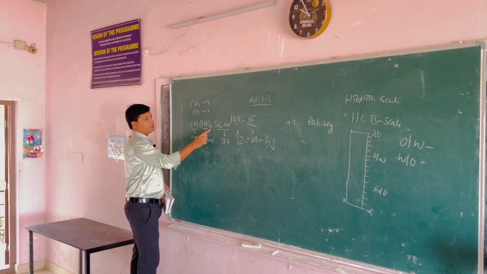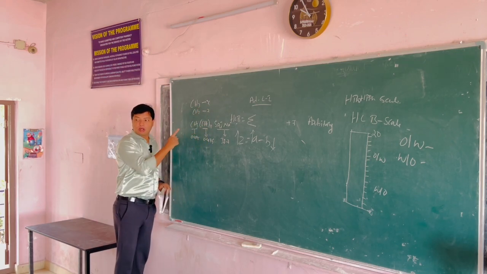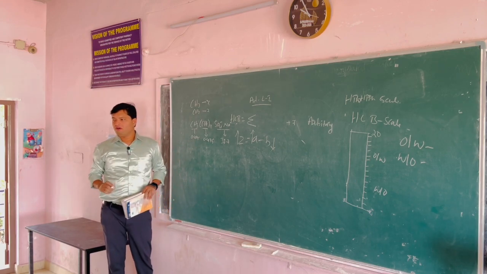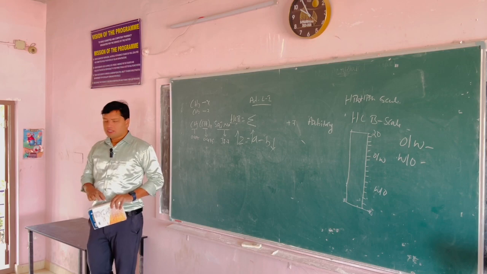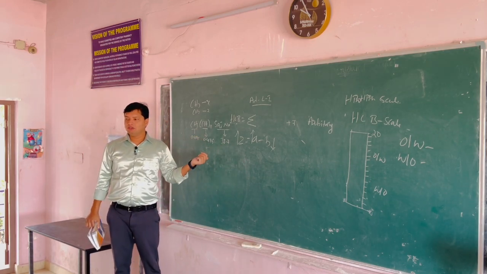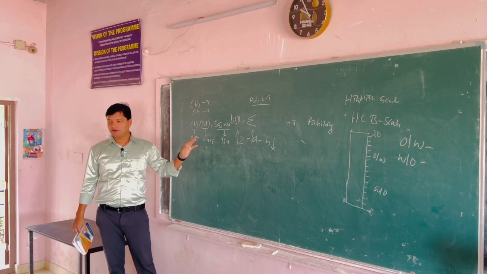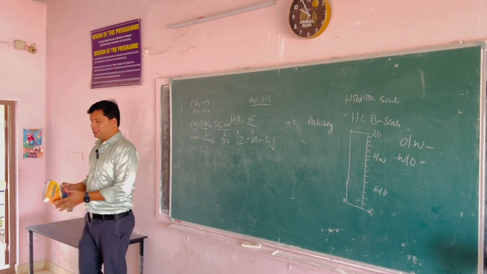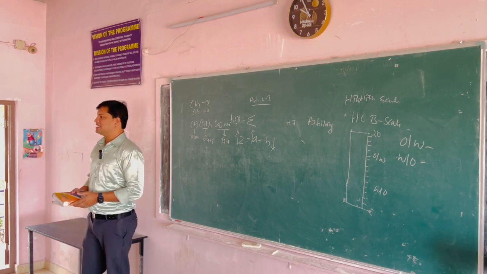But total how many are there? 11 plus 1, 12. So 12 into 0.475. So 38.7 minus 12 into 0.475 plus 7. You do it, you get 40 as the HLB.